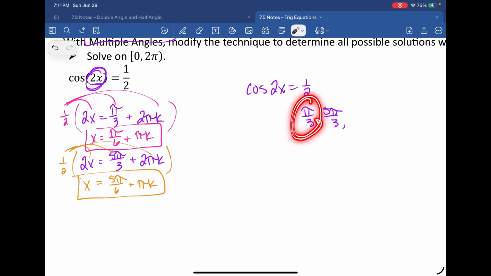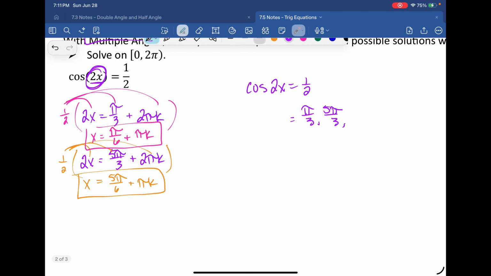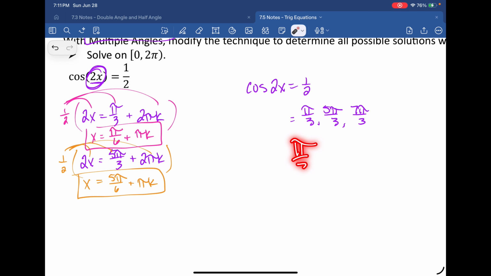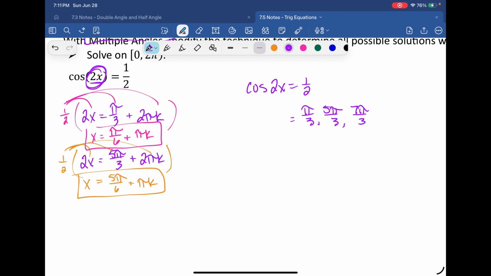So that would be 7 pi over 3, because we would take pi over 3 and add 2 pi, which is the same as adding 6 pi over 3. We'll do the same thing with 5 pi over 3, so we'll add 6 pi over 3 to that.